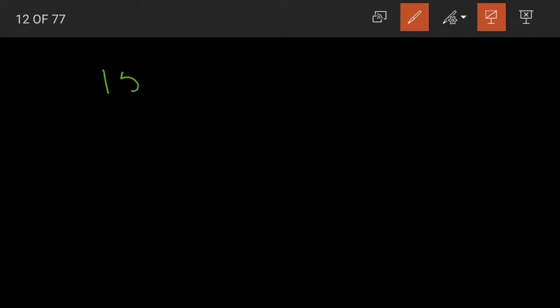If we say 15.1, this is our given decimal number. We need to convert it into a fraction. As I said, write the number as it is without any decimal point.